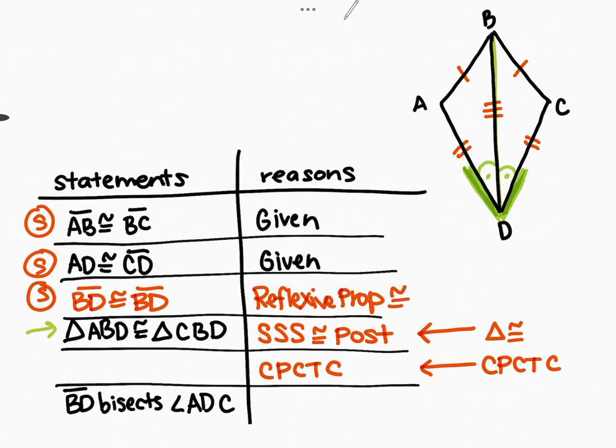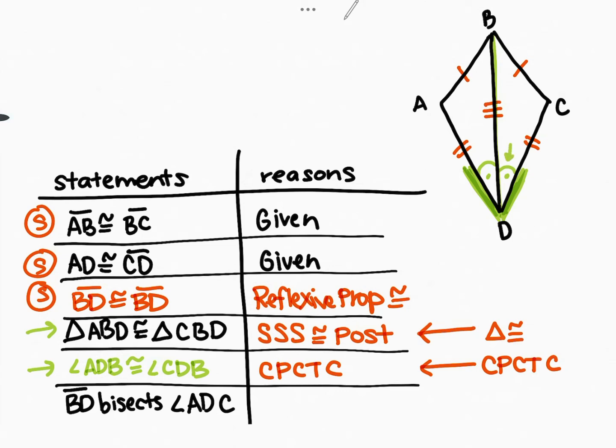And I would say yes, they're congruent, because if the triangles are congruent, then all their parts are congruent. Those two angle Ds are definitely going to be congruent to each other. So I can say that angle ADB is congruent to angle CDB, and that's by corresponding parts of congruent triangles are congruent.